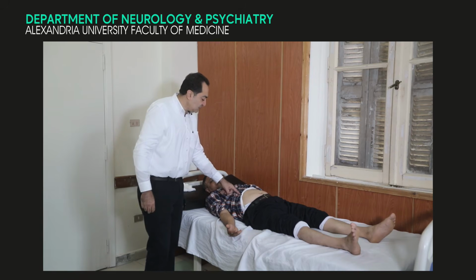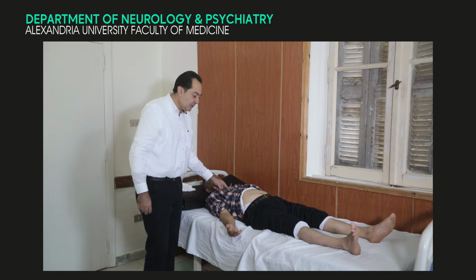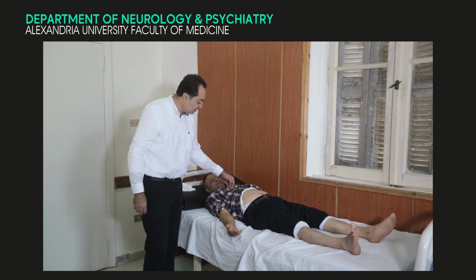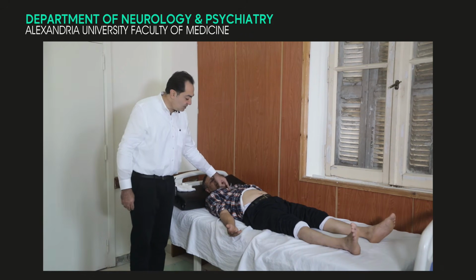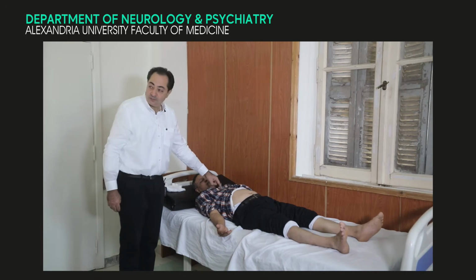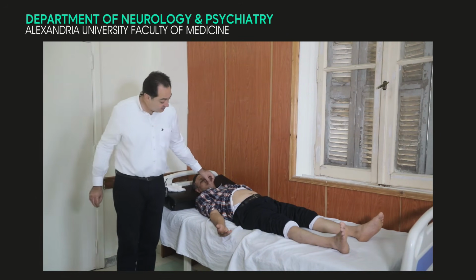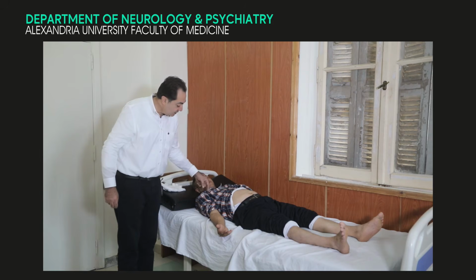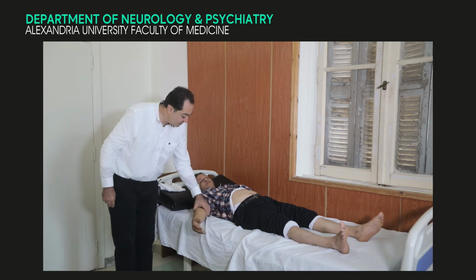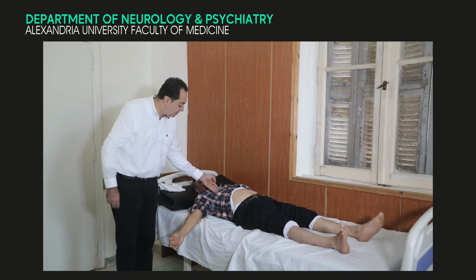Above the costal margin, D7, at the nipple line, D4, so D5 and 6 are in between here. D4 is at the nipple line. The sensory distribution here is D3 and D2.